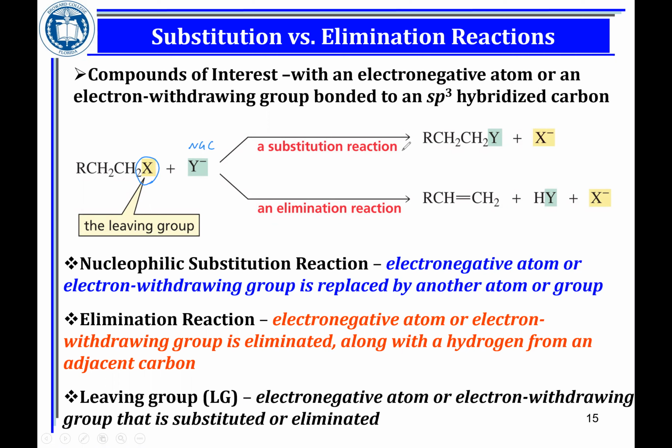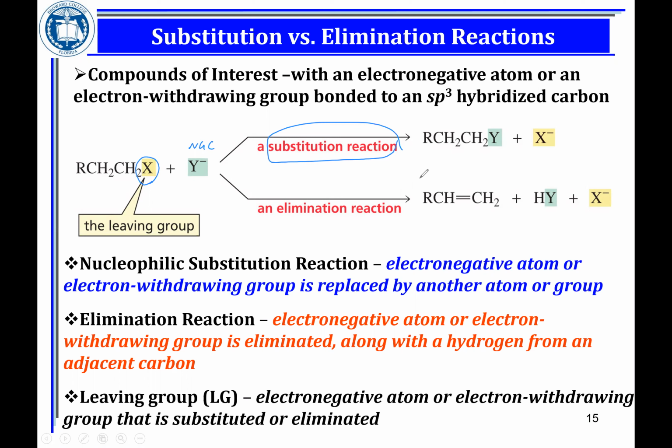It's called a substitution reaction. What is happening in this case is that the halogen is leaving, so it's known as a leaving group. Then the nucleophile comes in and forms a bond, so it's a replacement, or substitution, reaction. Alkyl halides can also go through elimination reactions.